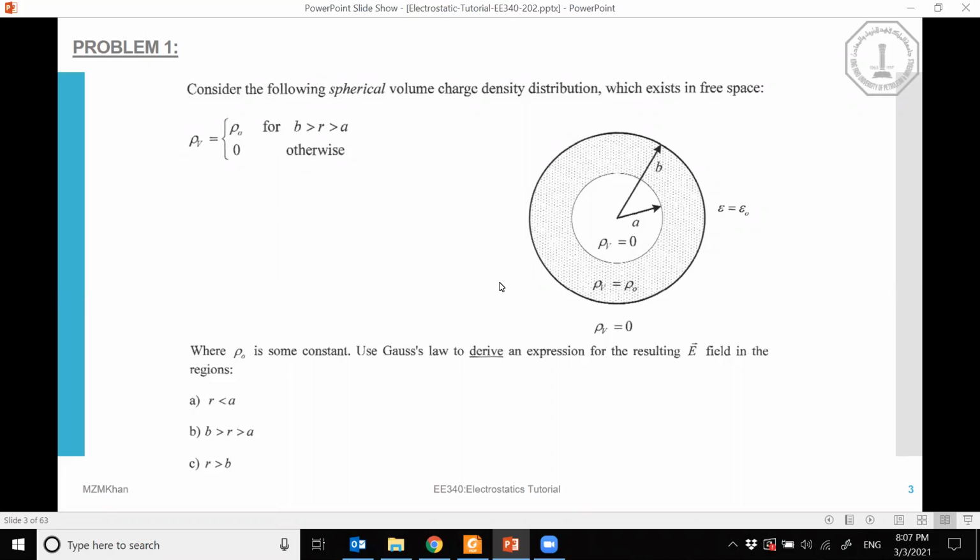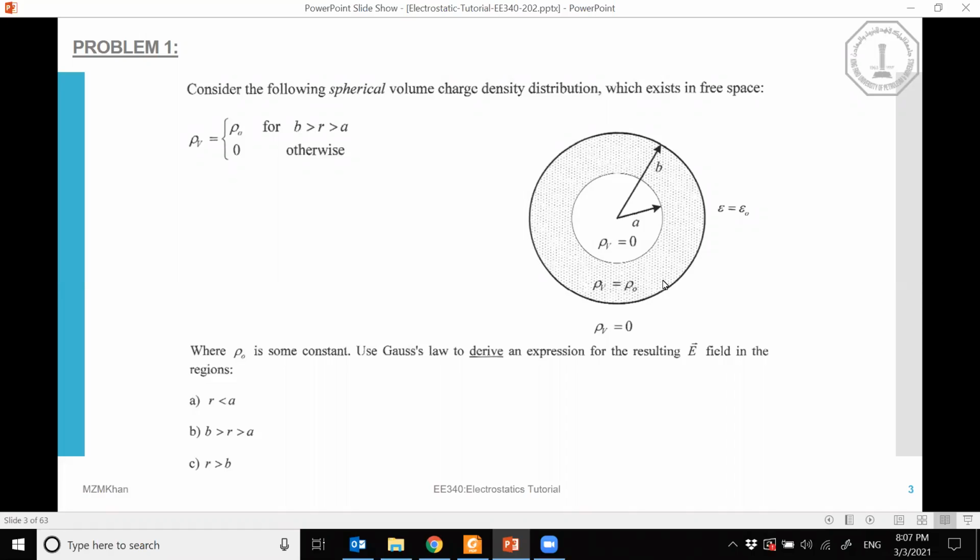As you can see here, this is the spherical volume charge distribution. It's a spherical volume, but it is hollow at the center, and the charge distribution is only in this dotted region, between a and b.